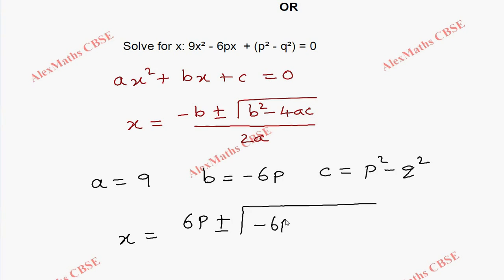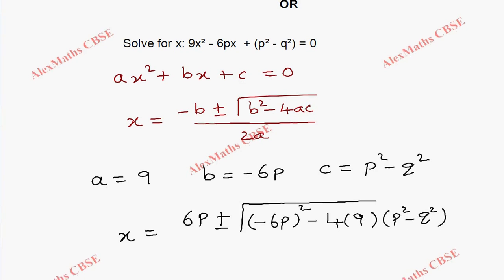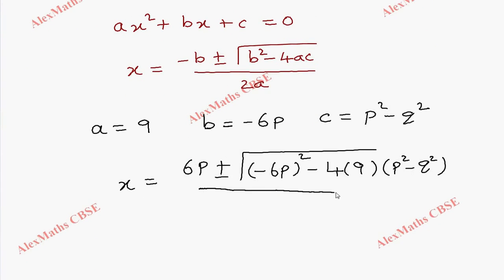So minus 6p whole square minus 4, a is 9 and c is p square minus q square, then whole divided by 2a, so that becomes 2 into 9.